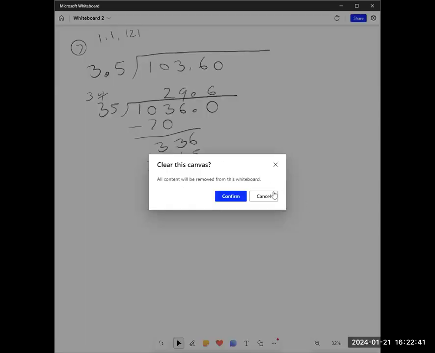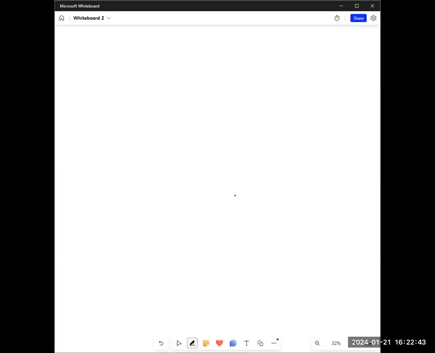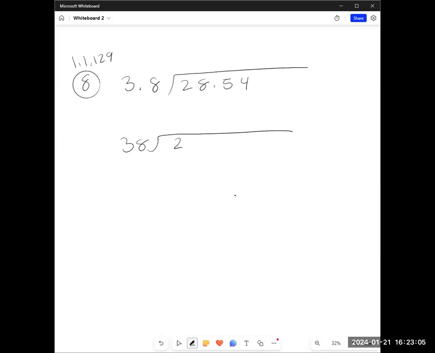And this one tells us to round to a specific place value when we're done. So 3.8 on the outside and 28.54 on the inside. This one is going to be like 1.1129. So we're going to make that 38 into 285.4. They tell us to round to the nearest whole number.